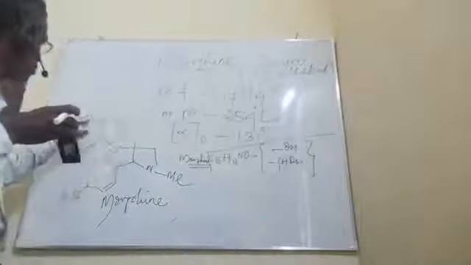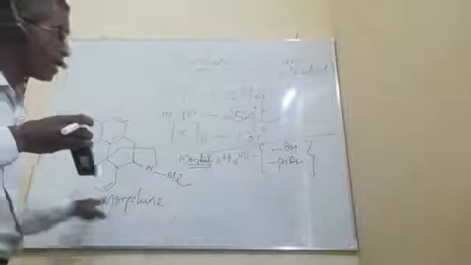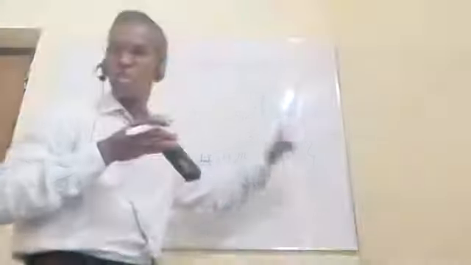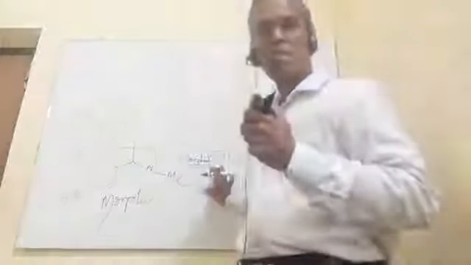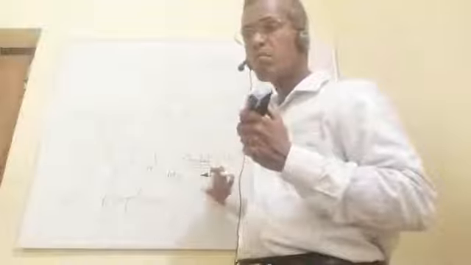Out of these 2 hydroxyl groups, as per the hint, one is primary and one is secondary. This hint reveals the basic idea of the structure of morphine.